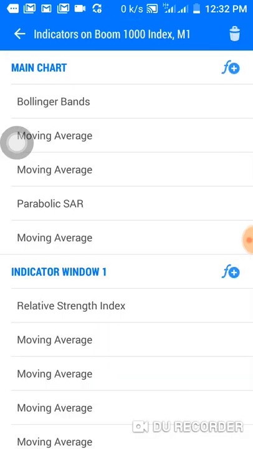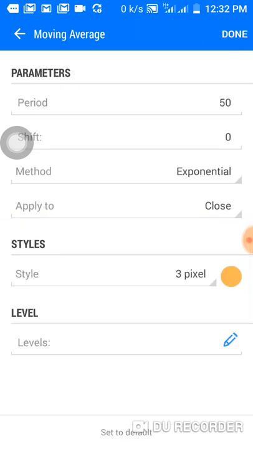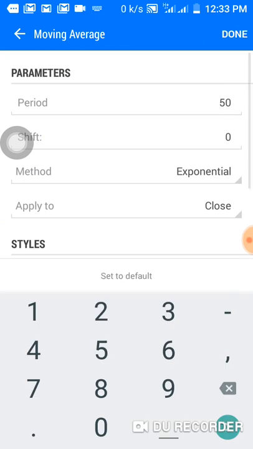Then the next moving average we'll be adding to it is, sorry, not this, I've not changed this, EMA 200.